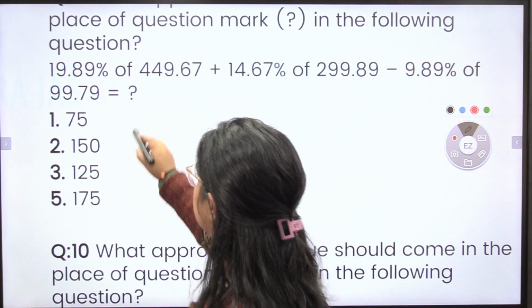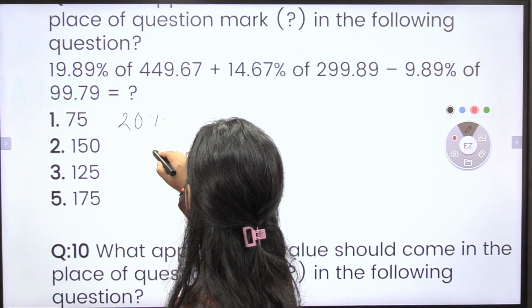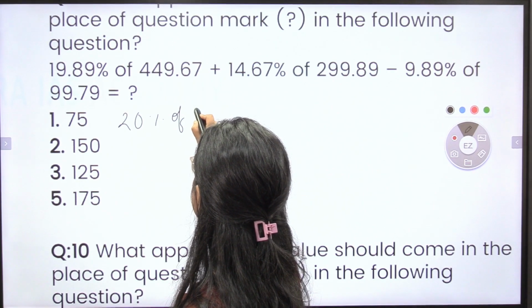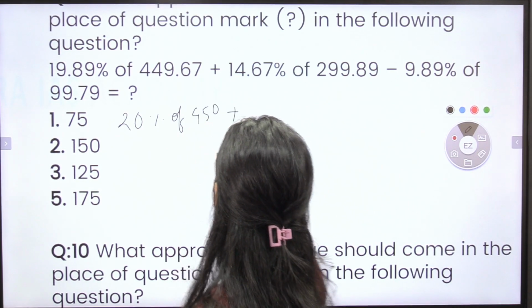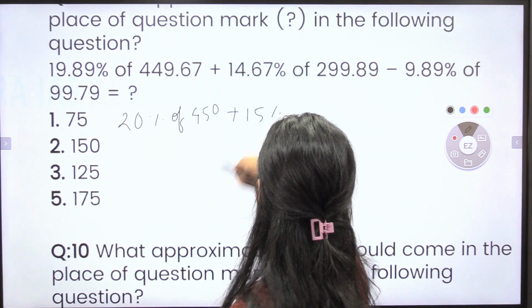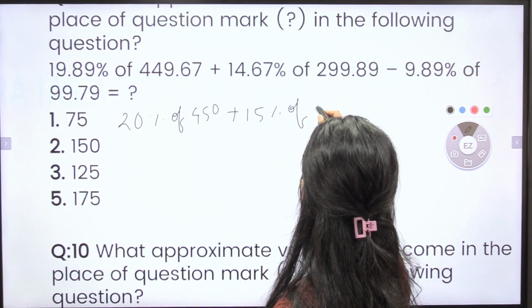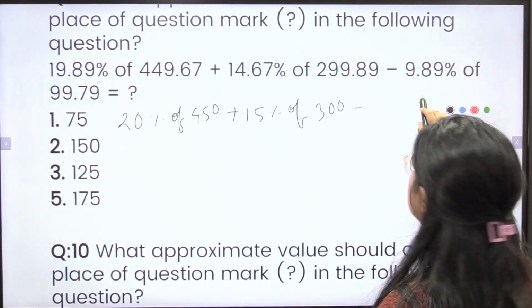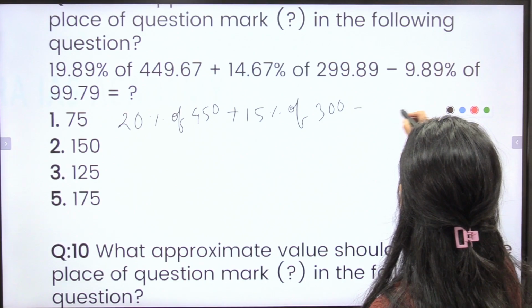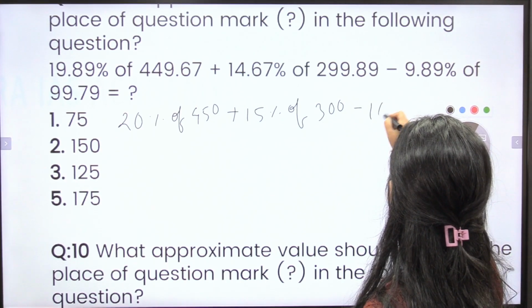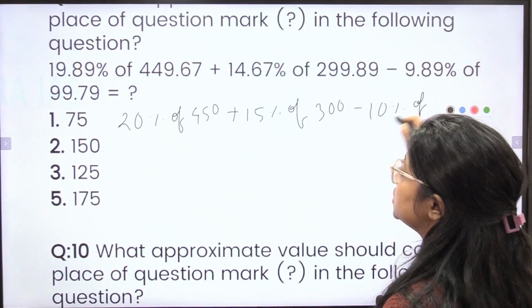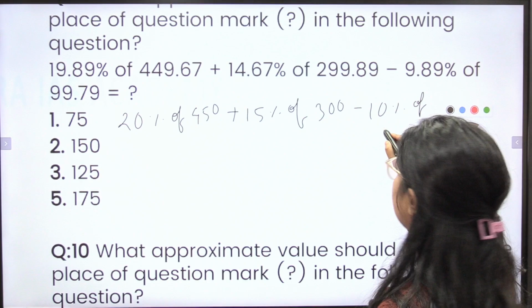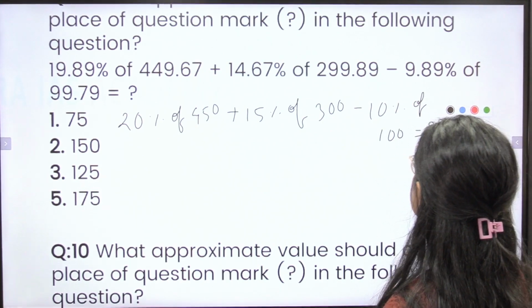So 19.89%, that means 20% of what? 449 point something, this will give you 450, plus 14.67, that means 15% of 299, of 300, minus 9.89%. So 9.89% will give you 10% of what? 99.79. 99.79 will give you what? 100 is equal to question mark.